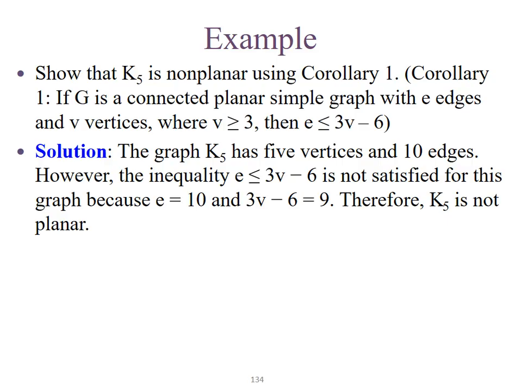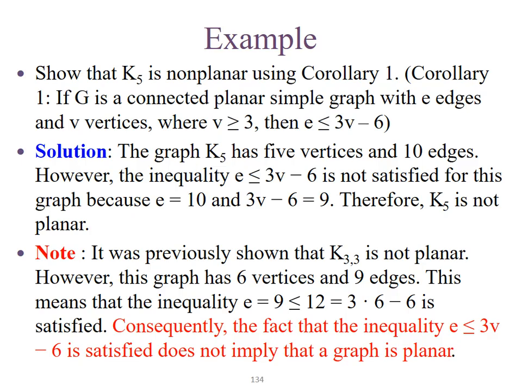So we can see 10 is not less than or equal to 9. Therefore, if it does not follow this inequality, that means it is not a planar graph. Okay, this is one way you can prove that a graph is not planar using corollary 1.